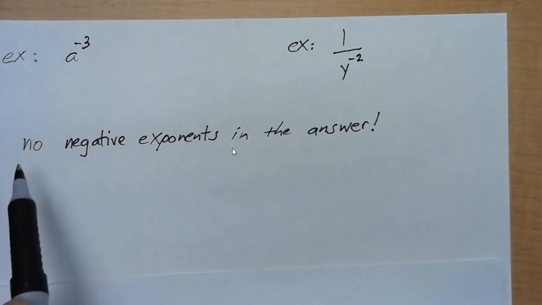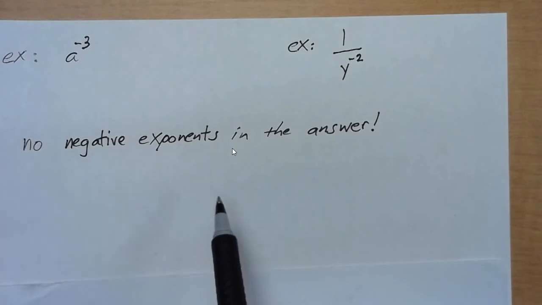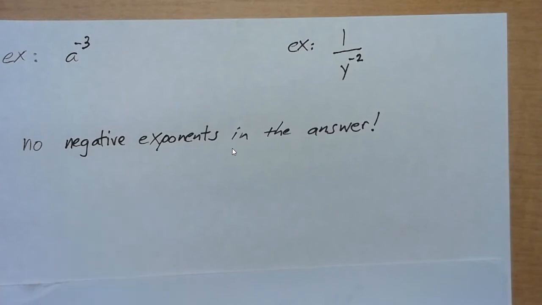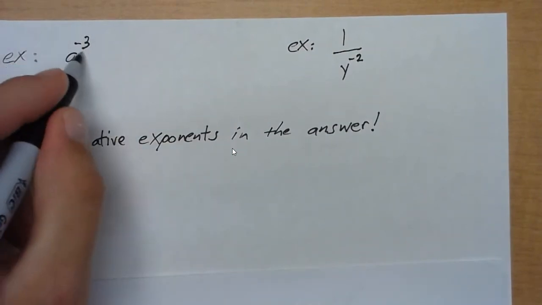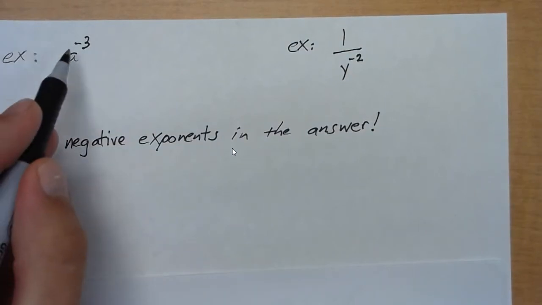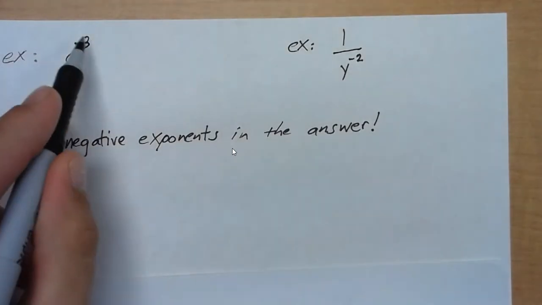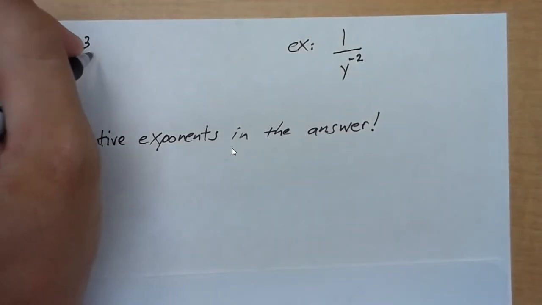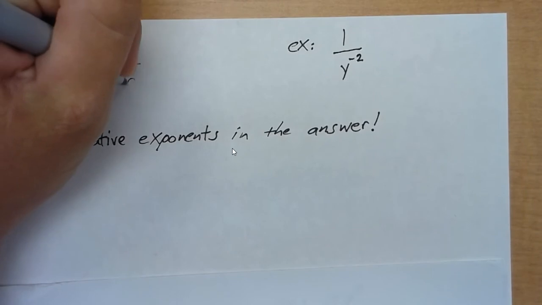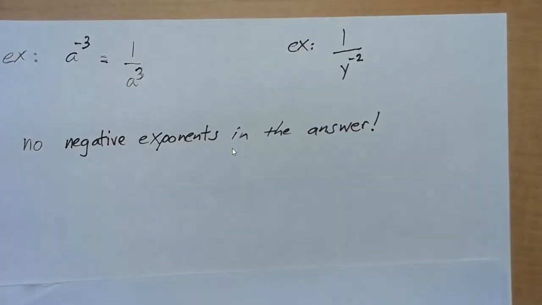They follow the rule of no negative exponents in the answer. So in order to get rid of this negative in the exponent, you have to turn this numerator into a denominator. You actually take the inverse of it. It's going to be equal to 1 over a to the third power. So that's how you resolve a negative exponent.